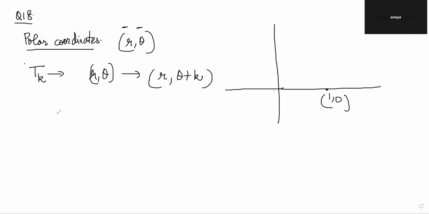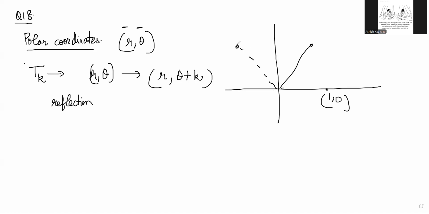And now I have to do a subsequent reflection. So if my point was somewhere here, reflection about the y-axis will take it here, right? And if this angle was theta, now my new angle is basically pi minus theta. Do you understand what I'm saying? Because if it was a reflection about the y-axis, this angle is also theta.